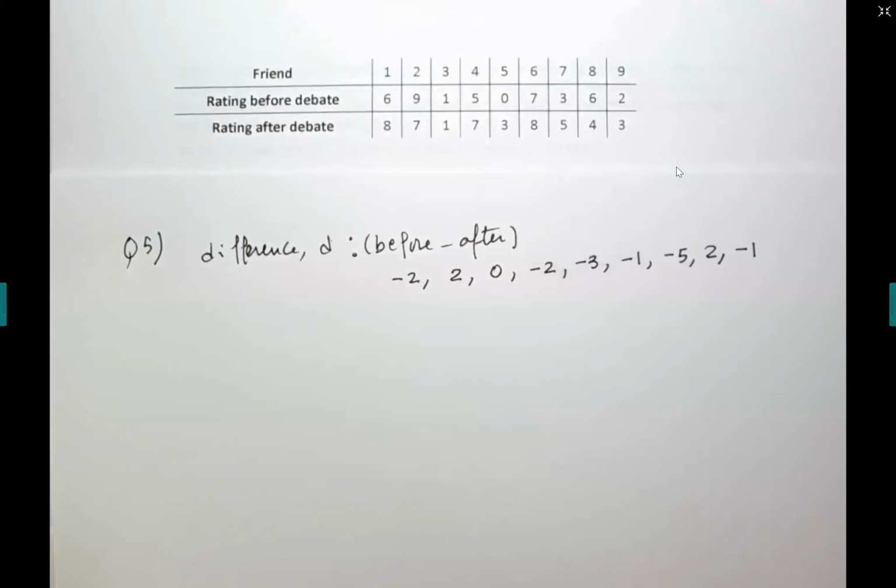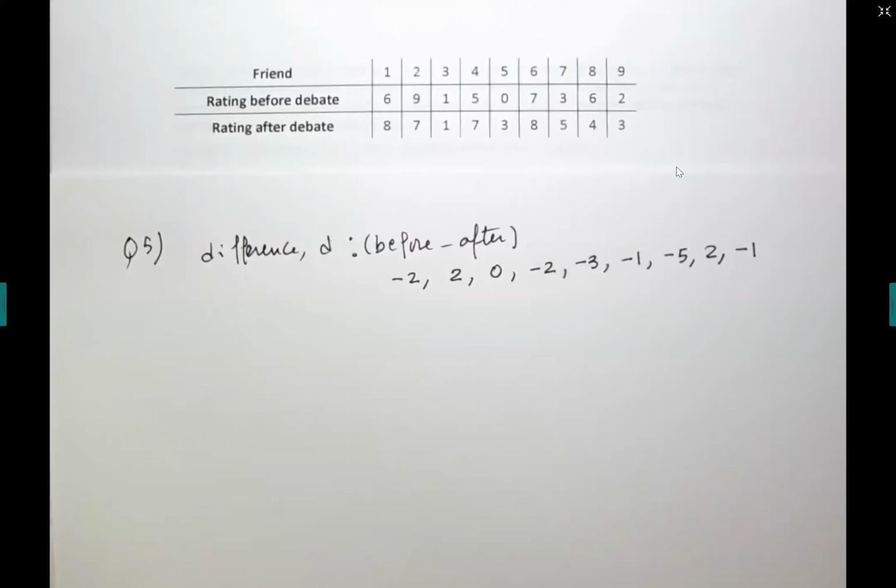Person number 2, no, he lowered his or her score. Person number 3, the same rating. Person number 4 gave a better score to the Republican candidate. So is 5, so is 6, so is 7. 8, no, didn't like the person after the debate, because from 6 now the new score is 4 and a 3. So we will be testing the difference.